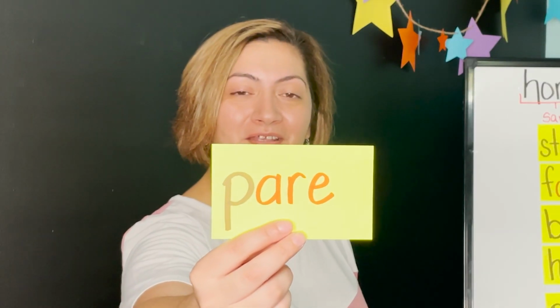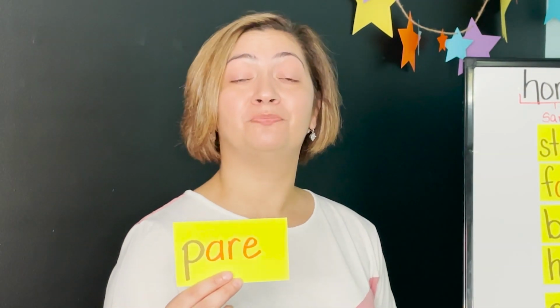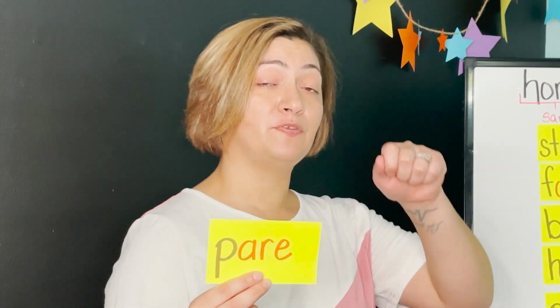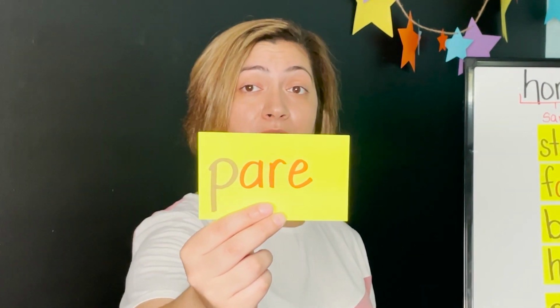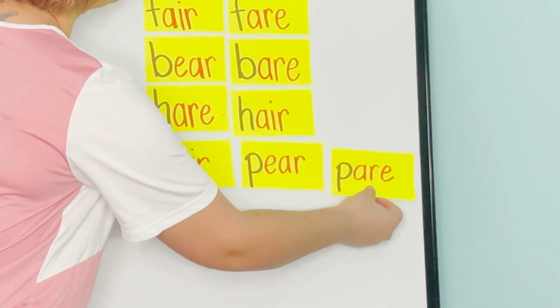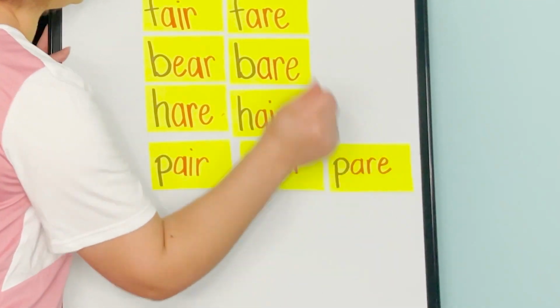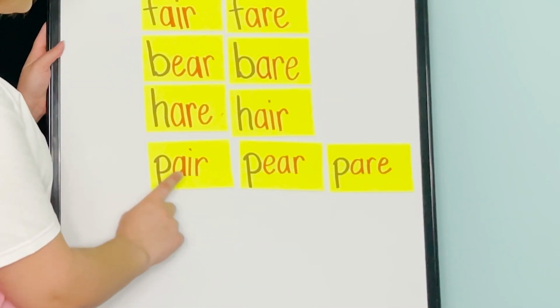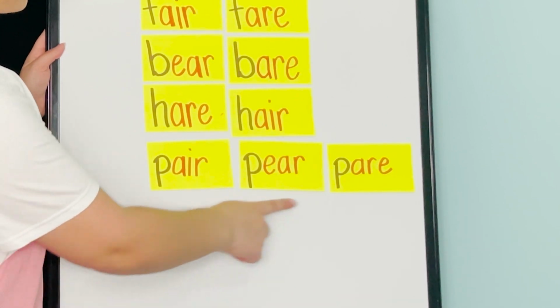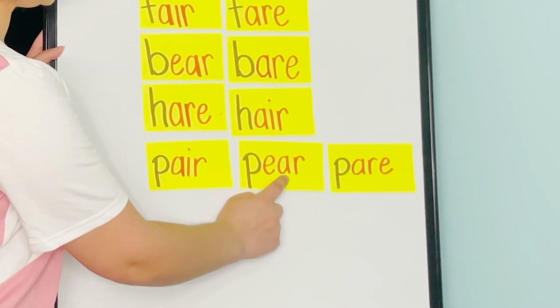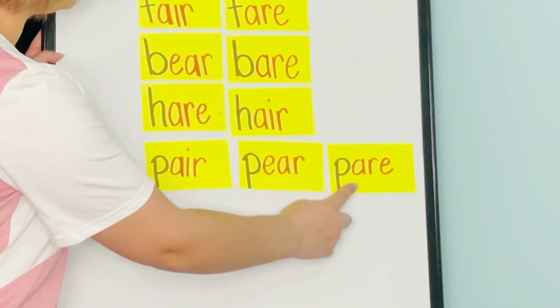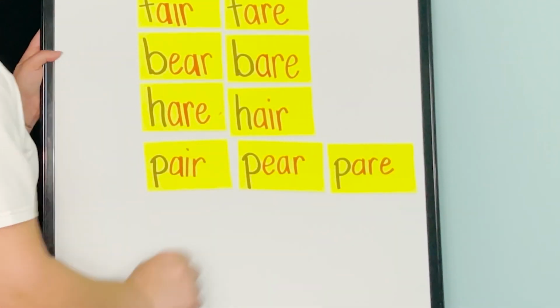This word pare is actually a verb. It means to pare off the skin. If you are peeling the skin off of the fruit, you might call that paring, meaning you're peeling off that skin, you're scraping it off. But look at this, we have all three of our spellings in this word pair. A-I-R, pair, E-A-R, pear, and A-R-E, pare.